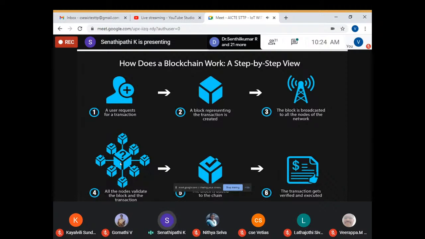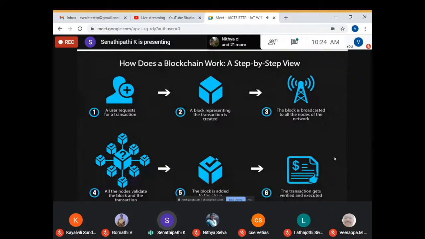And once it is validated, a new block is added into the blockchain or added into the chain. And finally, the transaction gets verified and executed. So this is how the transaction will happen in blockchain, right? The first step is the user has to request for the transaction.